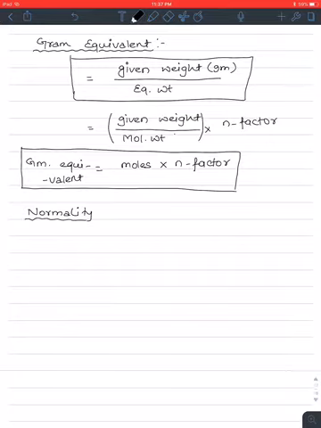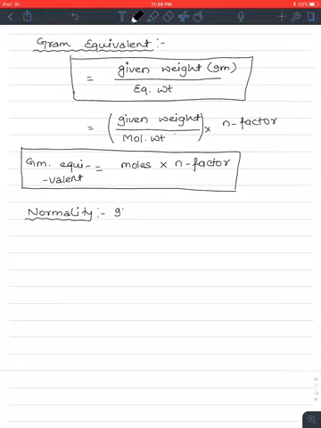Now, normality is a concentration term, same as that of molarity. The only difference is that in case of molarity, we were using moles of the species or moles of the solute. But in case of normality, in place of mole, we will be using gram equivalent of the solute.